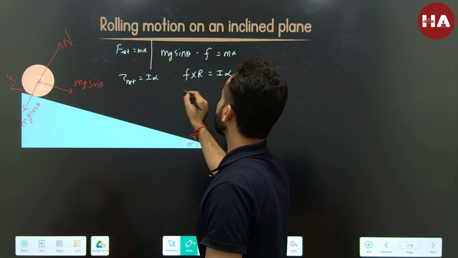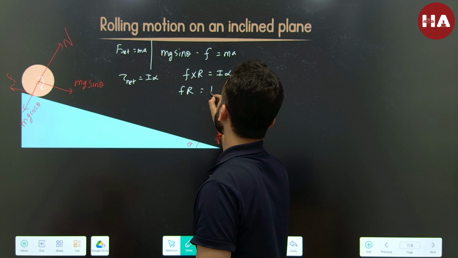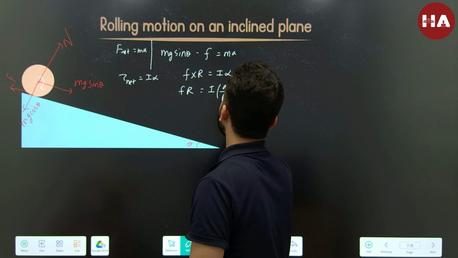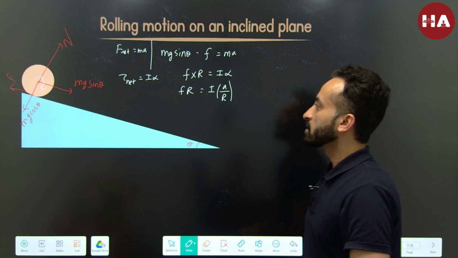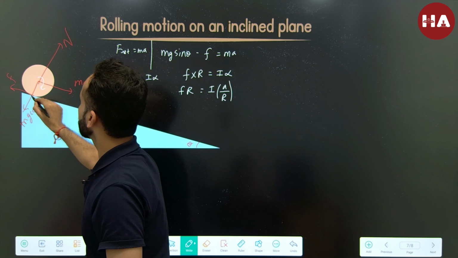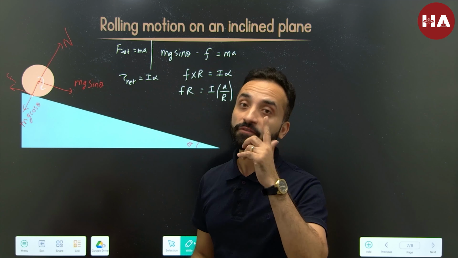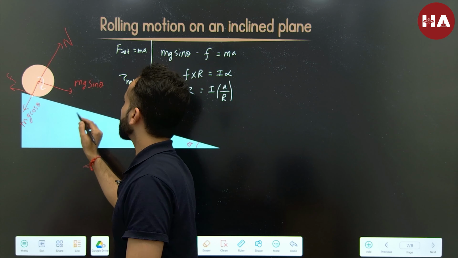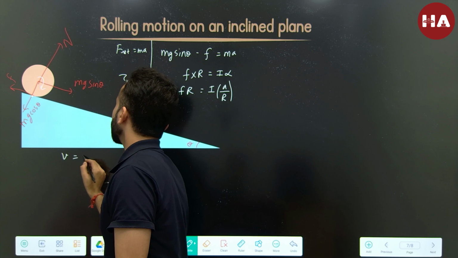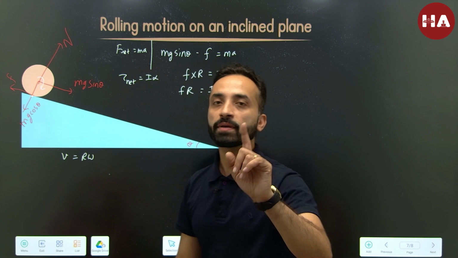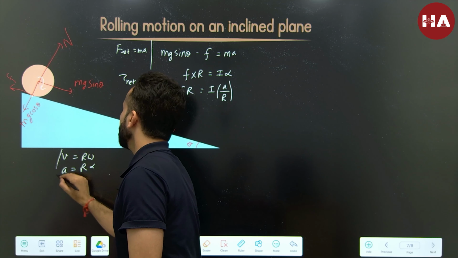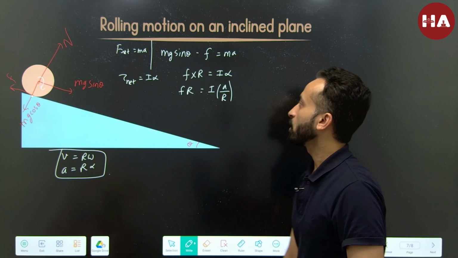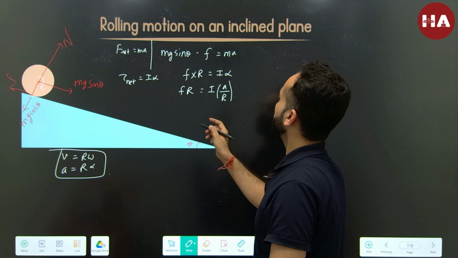F into R is equals to I into alpha, and I write alpha as A by R. Now, you would say why? That's because I am already assuming that it is in the state of pure rolling and this point is not slipping. So, if this point is not slipping, 2 conditions will always be met: V is equals to R omega and A is equals to R alpha. That's why I am writing alpha as A by R.